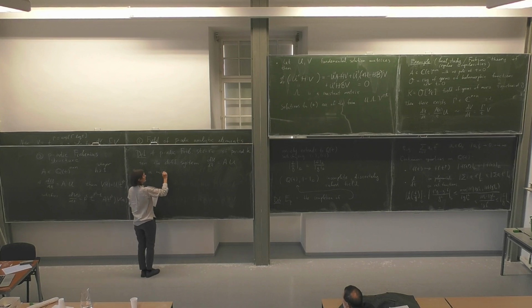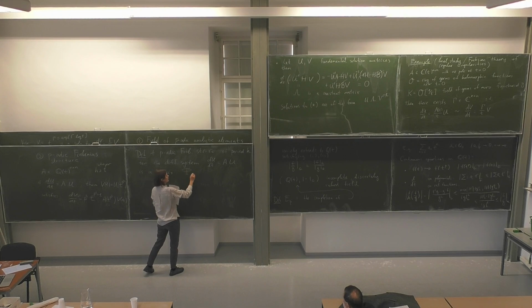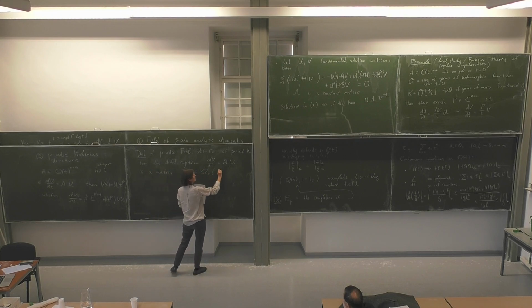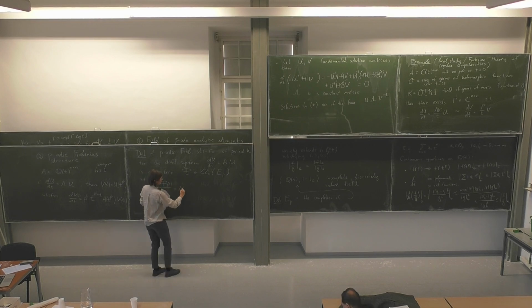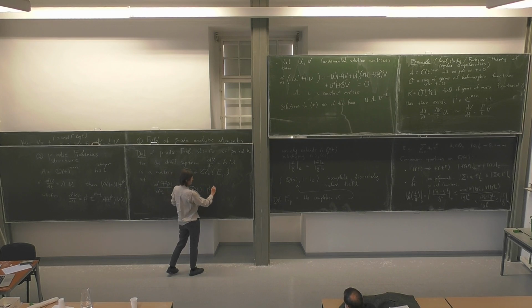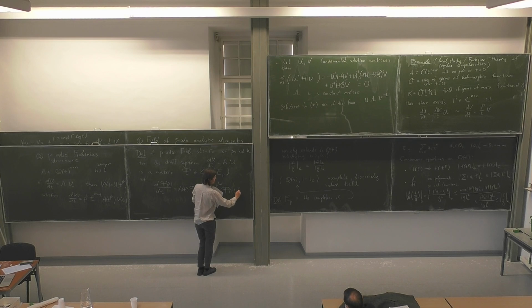Is a matrix phi in GL_N(E_P) satisfying this differential equation: d phi over dt is A of t phi minus p to the h, t to the p to the h minus 1, phi of t, A of t to the power p to the h.